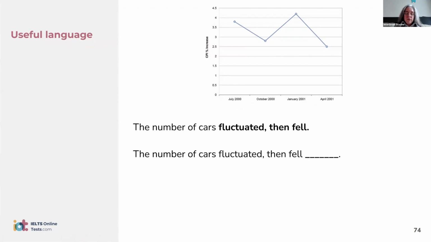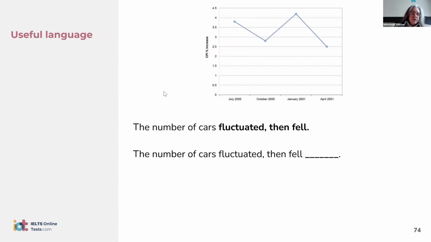Okay, so we saw before using an adjective to demonstrate a wider range of vocabulary. I said you could also use adverbs when it's the right time to do that. And here is the right time for an adverb. As I said, I don't really feel that this sentence actually accurately describes what we can see in this graph, but let's just think of words that we could use anyway.